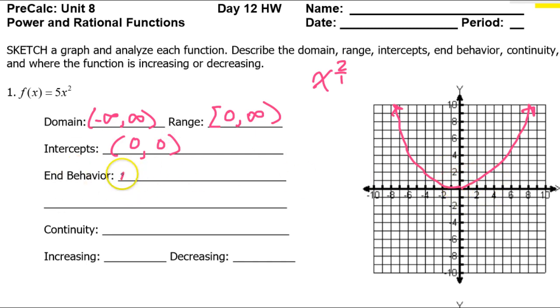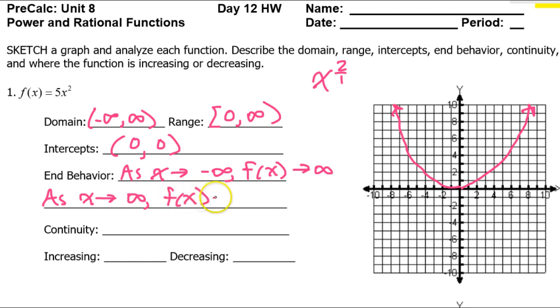Now the end behavior. So as x approaches negative infinity, f of x approaches positive infinity, meaning on the left it rises. And as x approaches positive infinity, f of x approaches positive infinity, meaning on the right it rises.